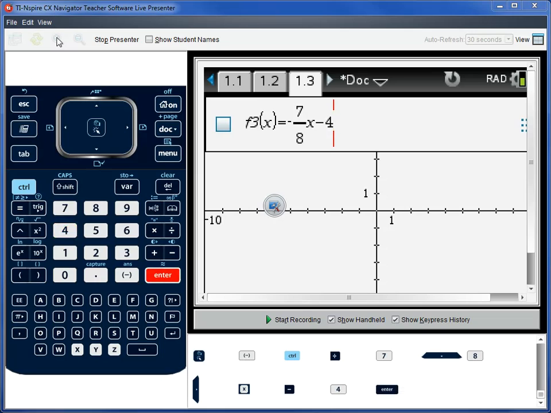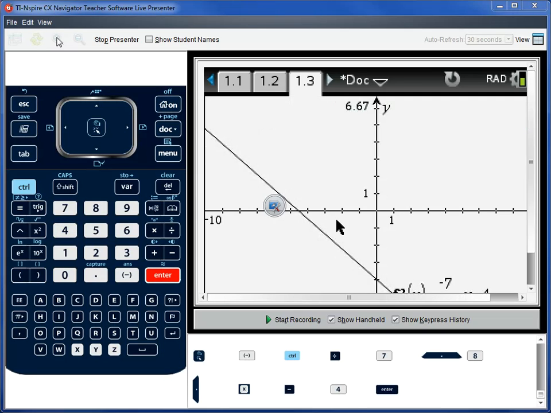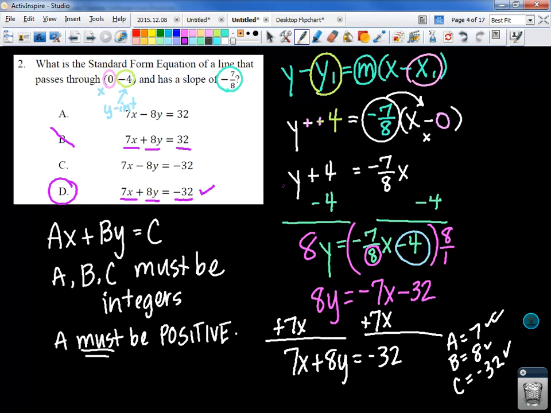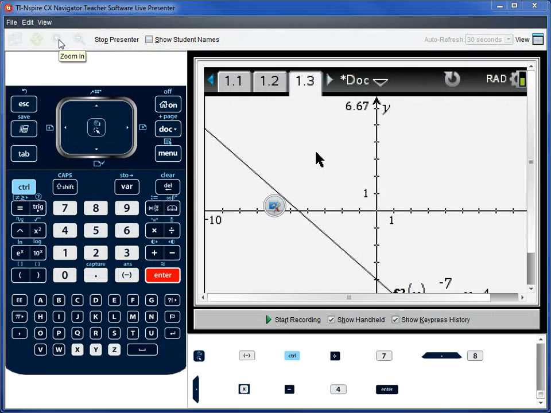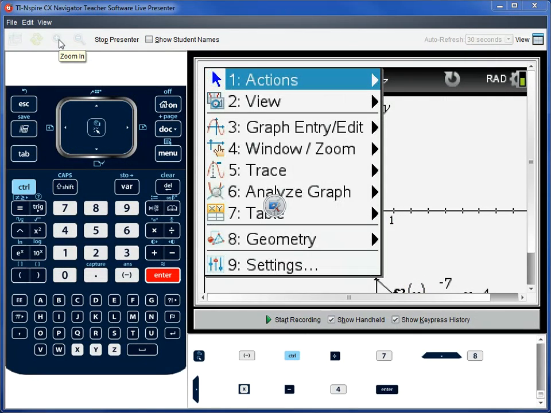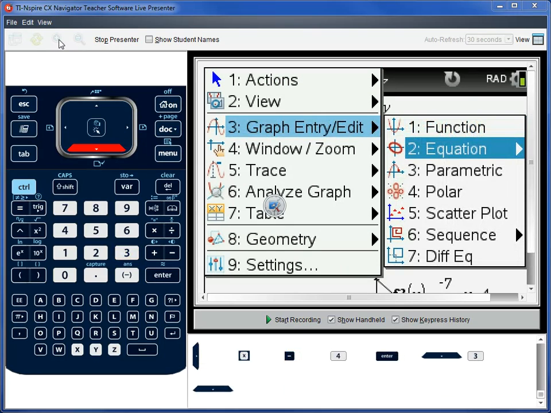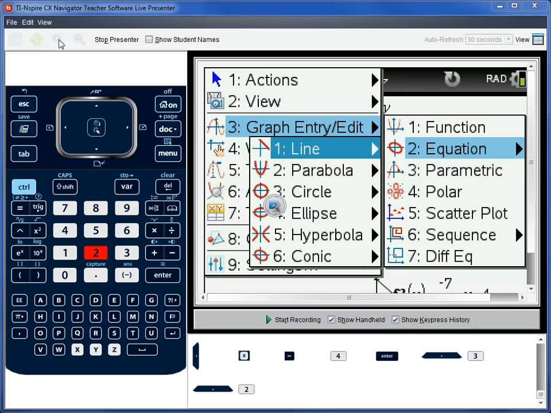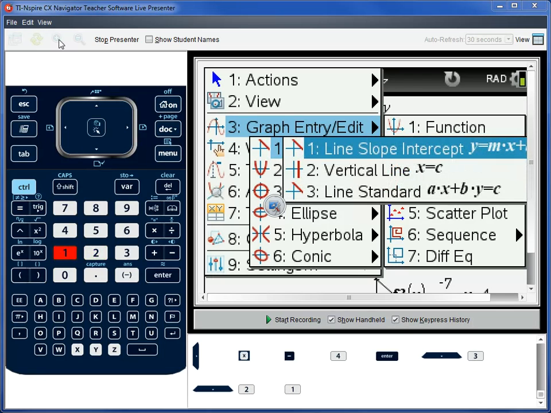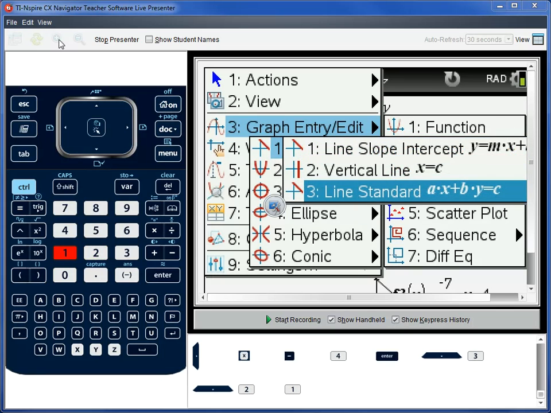All right, so I'm going to hit enter, see this graphed. Nice graph. Now I'm going to compare it to the answer that we chose, which was 7x plus 8y equals -32. So I'm going to go to Menu, Graph Entry Edit, Equation, Line, and look at that, line standard.